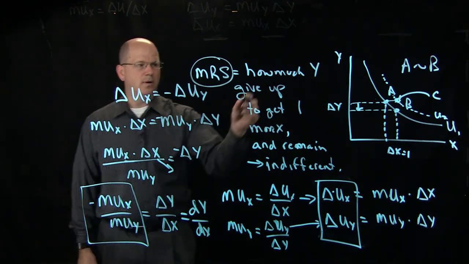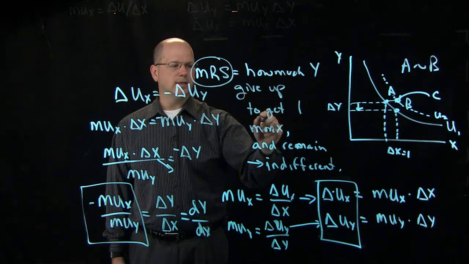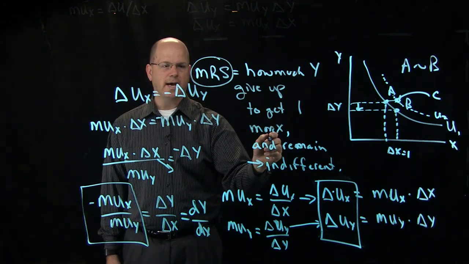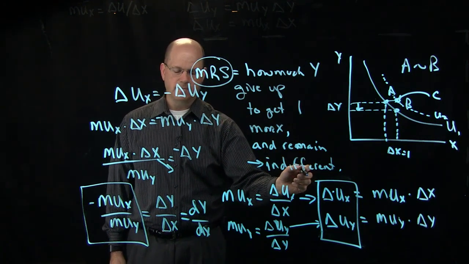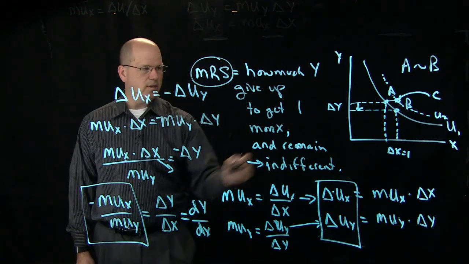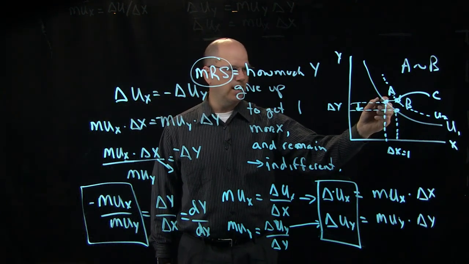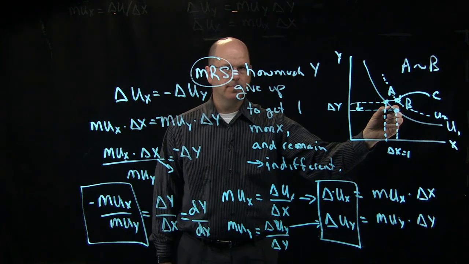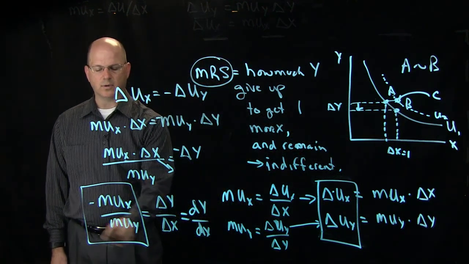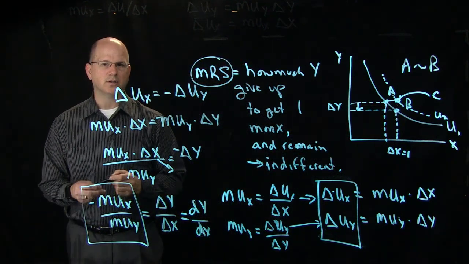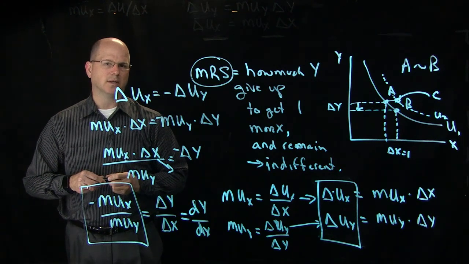Okay? So how much Y the consumer is willing to give up to get one more unit of good X and remain equally satisfied is equal to the slope of the indifference curve at a particular point, which is also equal to the ratio of the marginal utility of good X and the marginal utility of good Y.